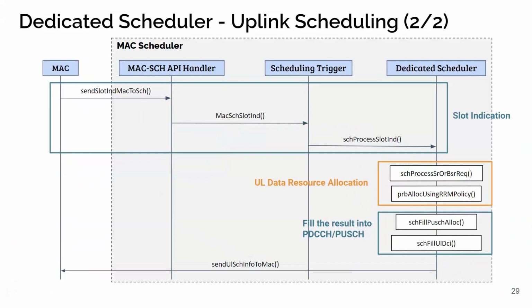So the dedicated scheduler finally will allocate the PRB according to the RM policy. Sorry, that means when you have two schedulers, if you want to do slicing, you need to have two schedulers, each scheduler for one slice.